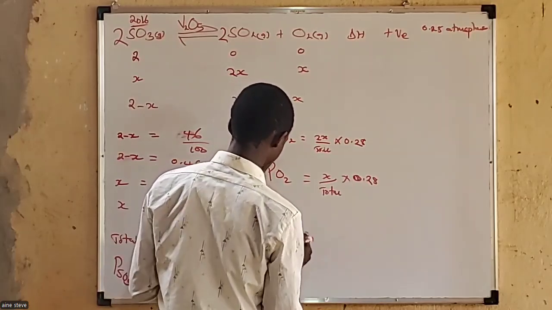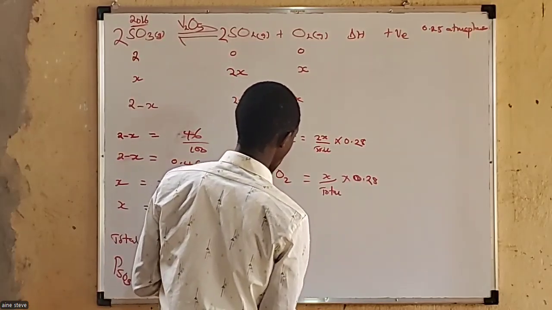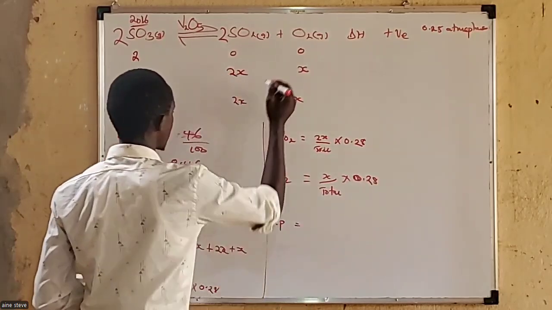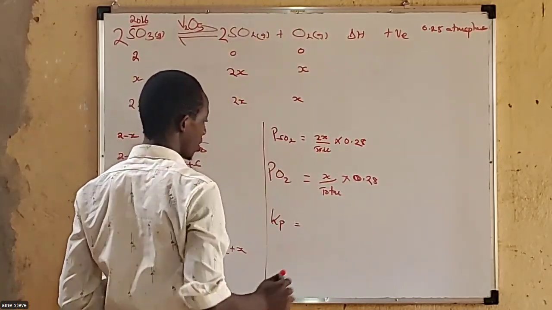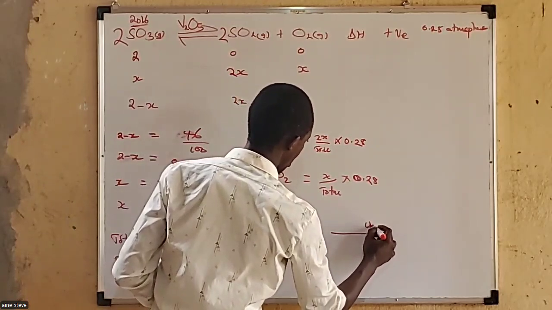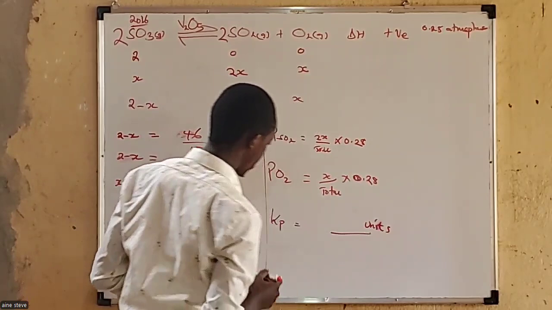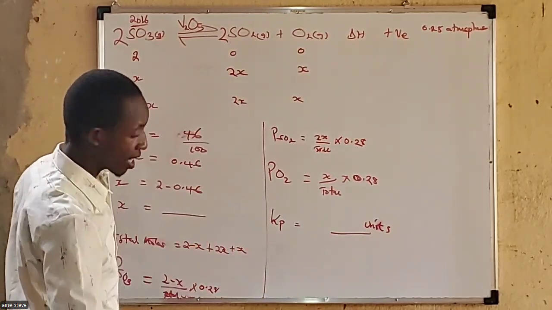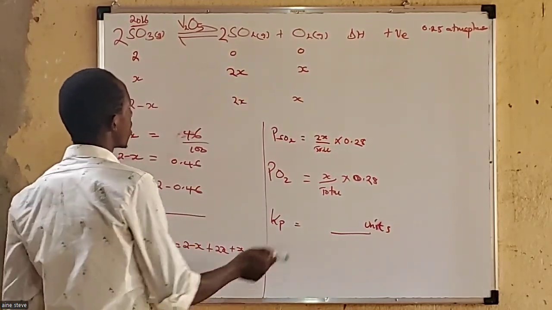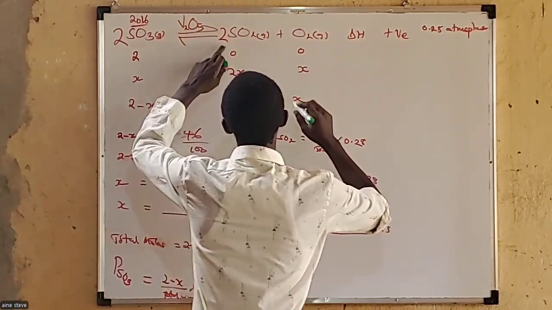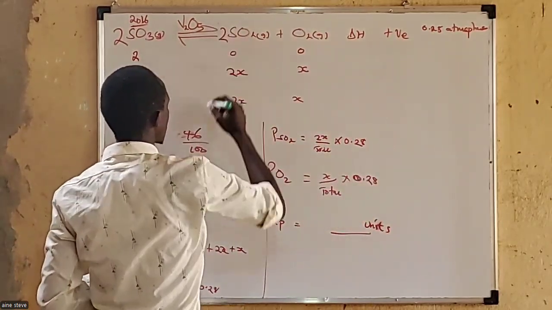Now you look at the units. Look at the units critically. Units are very important as you are writing, because if you have this, you are going to square this, okay?